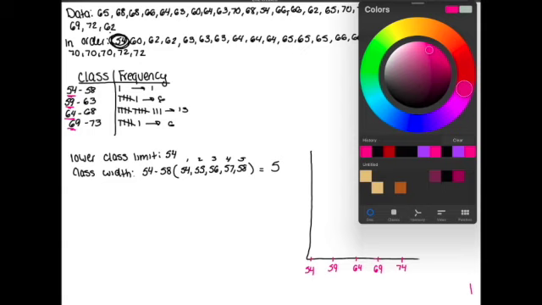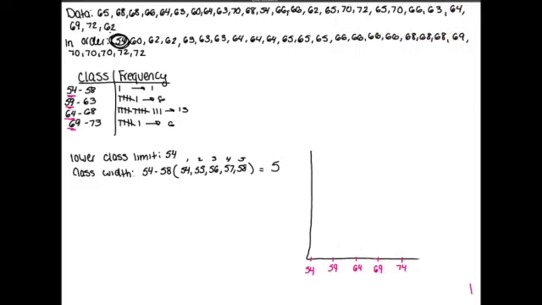Now I am going to change my color to write my y-axis. I'm going to change it to purple. And my y-axis is my frequency. So as you can see, I have the numbers 1, 6, 13, and 6. And my largest number is 13.